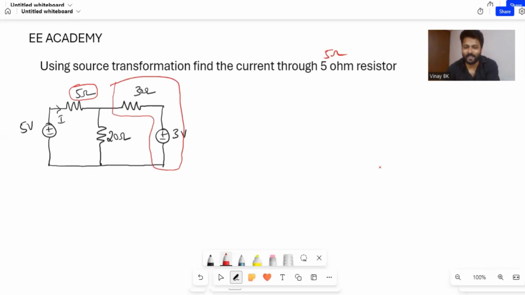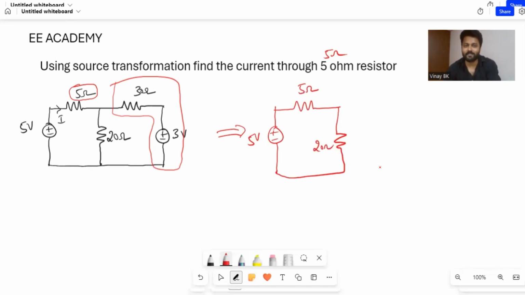Now the circuit becomes like this: 5 volts, plus and minus, along with the 5 ohm resistor. I am not disturbing this because I need to find the current flowing through this resistor, and the 20 ohm I am connecting as it is. Now you need to transform the 3 volts and 30 ohm resistor into a current source.